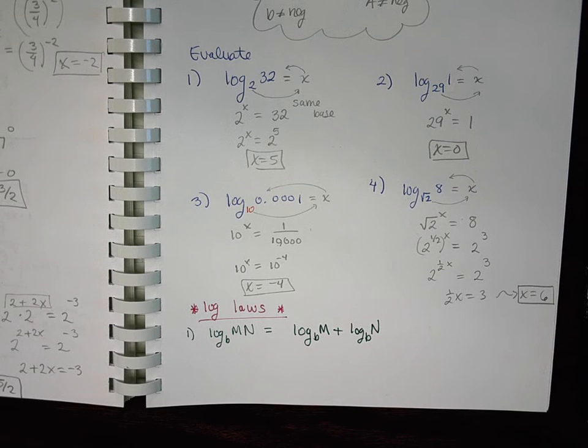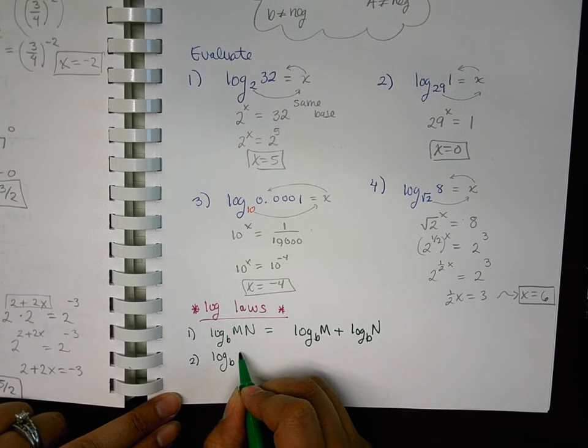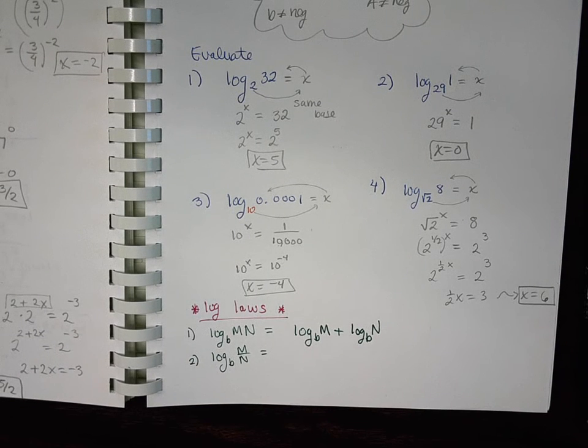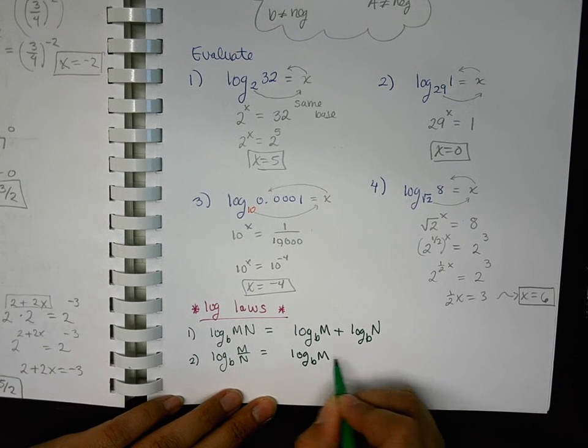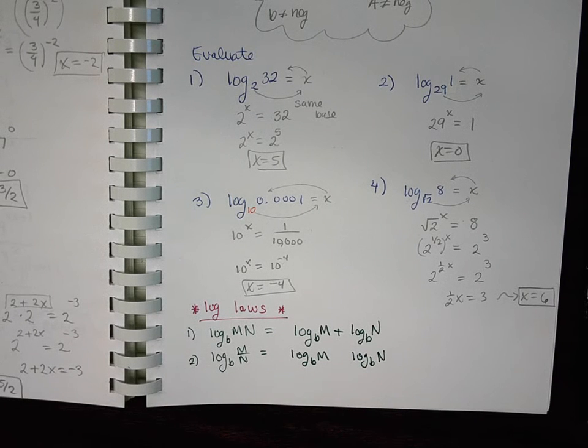All right. Number 2, log base b of m over n. And you ripped it apart again with log base b of m and log base b of n, but what sign was in between?